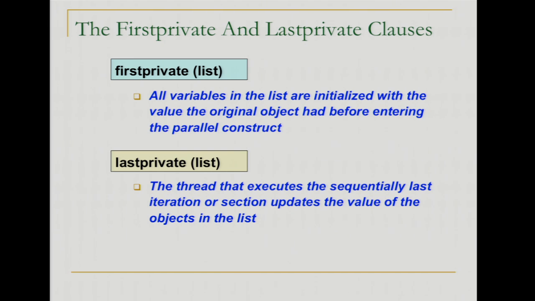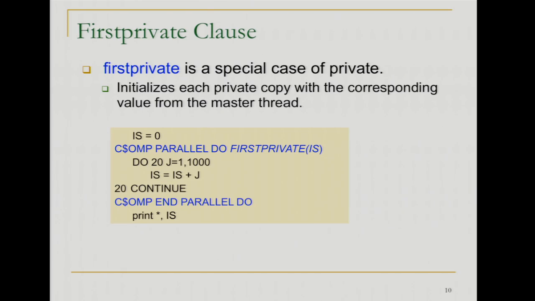Here, very simple, with the parallel do, instead of saying private IS, we say Firstprivate IS, which means it's private, but it's also initialized by the value of the variable with the same name from before the parallel region. So each thread, including the master thread, has its own copy of IS inside the parallel region, and they're all initialized to 0. So we got it right.